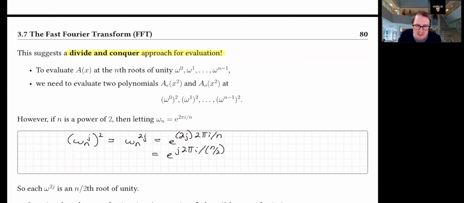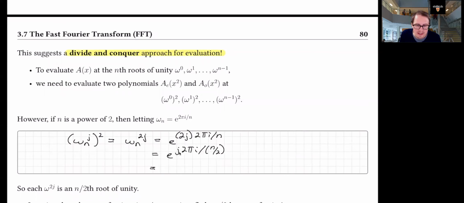What I'm doing is I'm stealing one of these 2's and I'm bringing it into the denominator of the denominator. And so you can see that this then is e to the j, sorry.